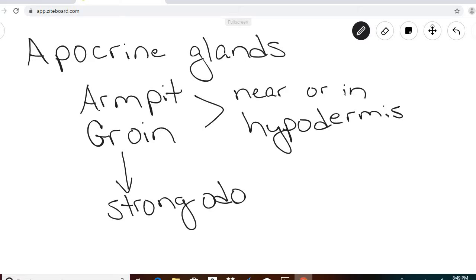So when you reach puberty and you have to start wearing deodorant, it's because of these, we call them apocrine glands. They're really merocrine glands, but in these areas, a strong odor is produced by the sweat.